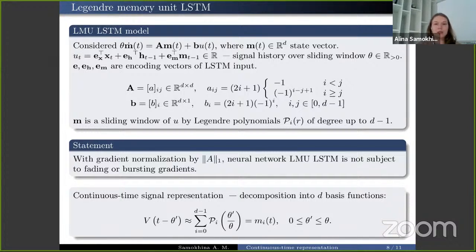Here we have a state vector M, which is like a memory vector, and it's also a sliding window of our signal by Legendre polynomials. We can decompose it into D Legendre polynomials with the coefficient. It's not equality, it's multiplication, sorry. So Legendre polynomials with the coefficient taken from the state vector.